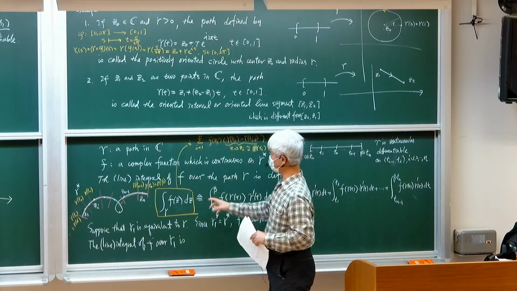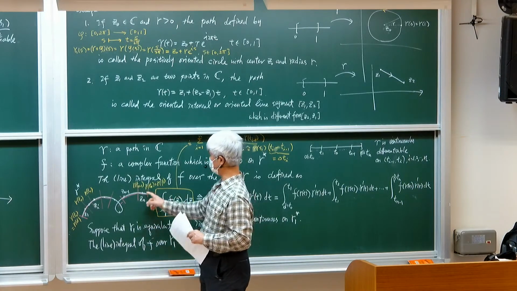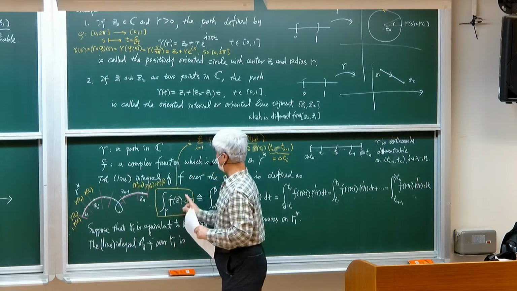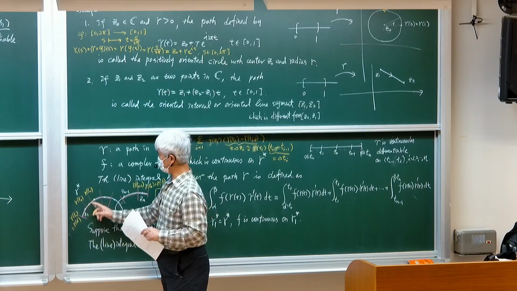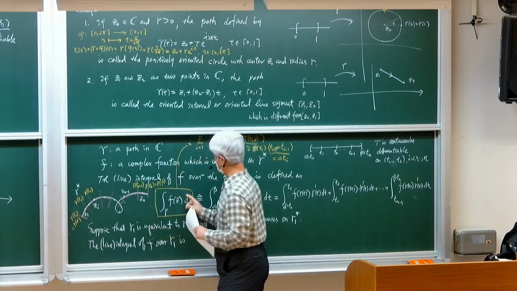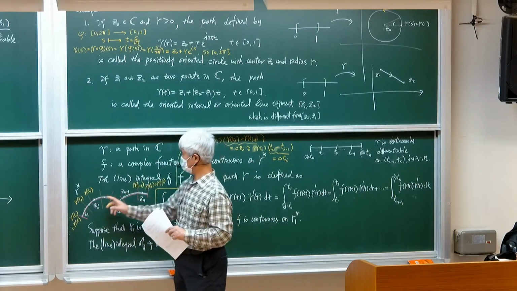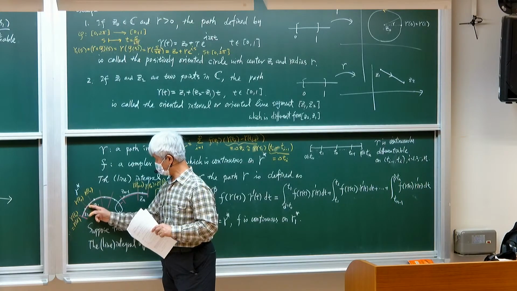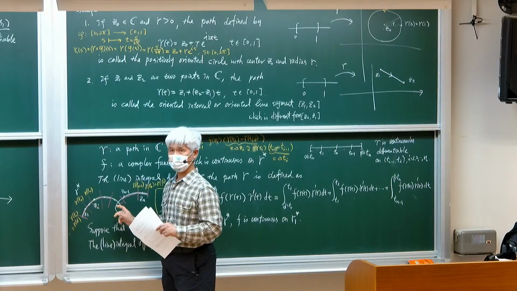This is indeed the function value f on the image of this path, and also weighted by the increment, so that would be the fragment or the differential along this path.